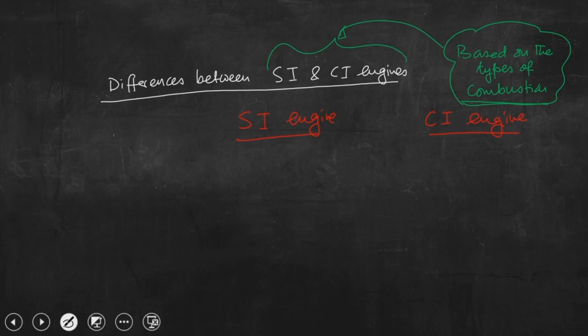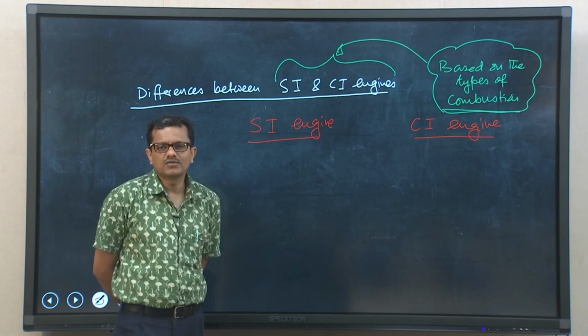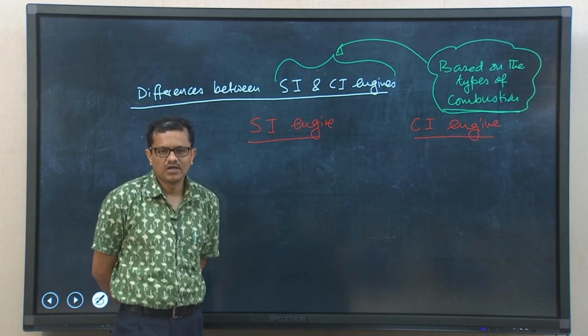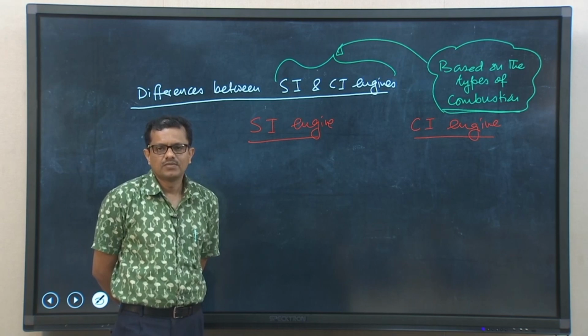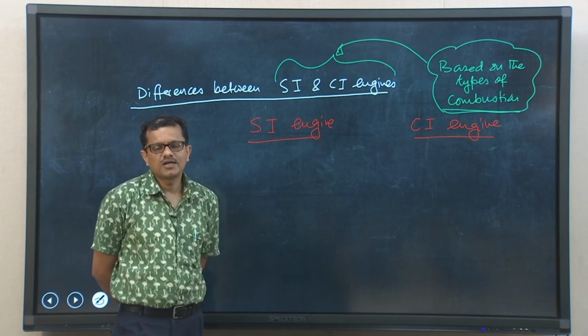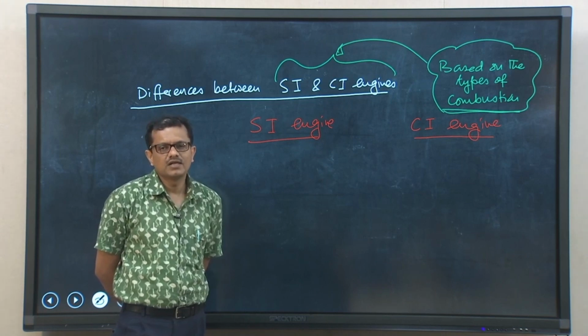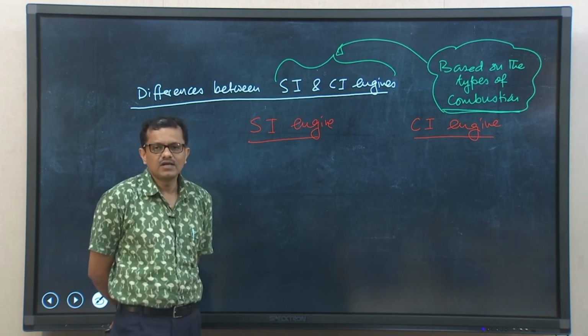That means, for the SI engine there is a spark plug that is used to initiate the spark for combustion, and another component is the carburetor that is provided to supply a homogeneous mixture of fuel and air. The same nomenclature can be used for the CI engine, provided the carburetor is removed and, instead of the spark plug, there will be a fuel nozzle.